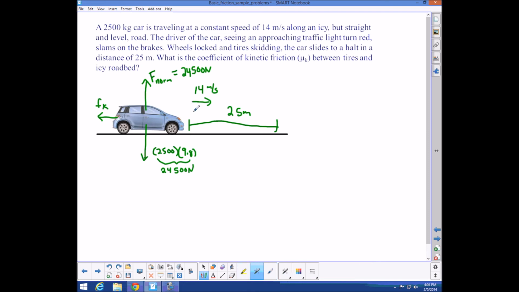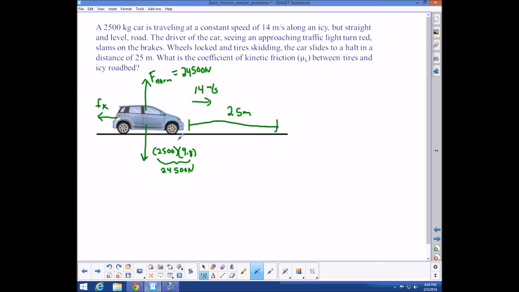A mistake that some people make is that there must be something pulling the car forward. There's not. There's no forward force that's acting on the car when he's applied the brakes. When he hits the brakes and the wheels lock, there's nothing pulling on the car forward. The car is moving forward, but there's a difference between forward motion and a force acting in the forward direction.